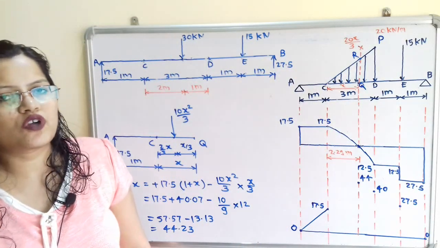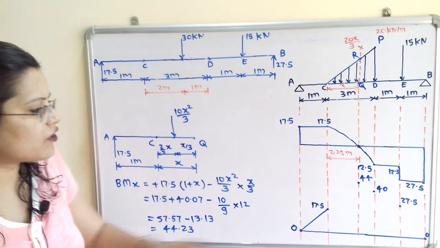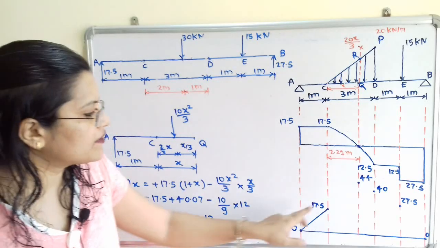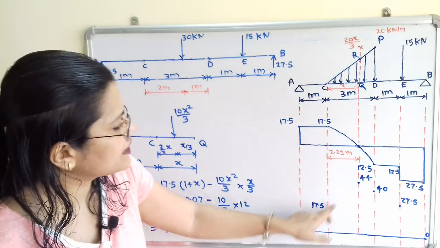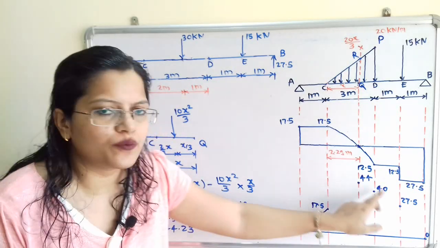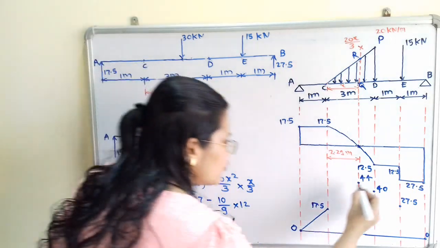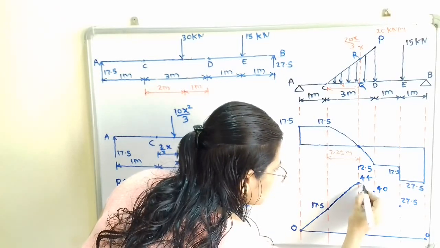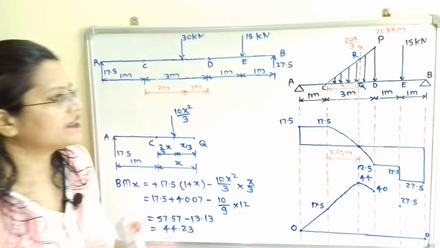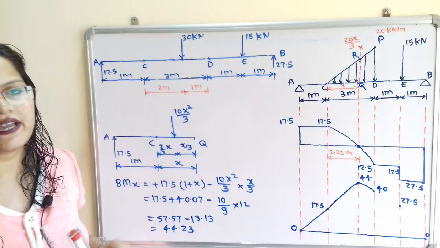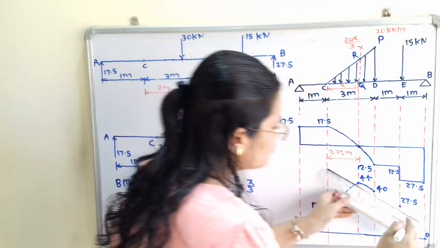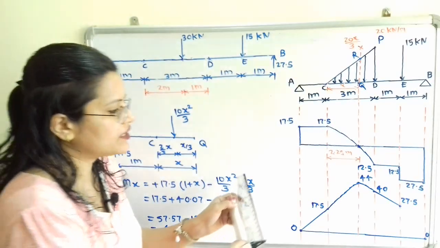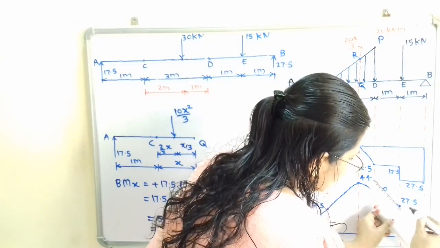So we have to draw the cubic curve, because the bending moment will vary from this point C to point D with cubic curve. So we will draw here the cubic curve to join all these points. Then for section DE, again point load is there, so we have to show the linear line. And then for the next section EB, again we have to show the linear line.